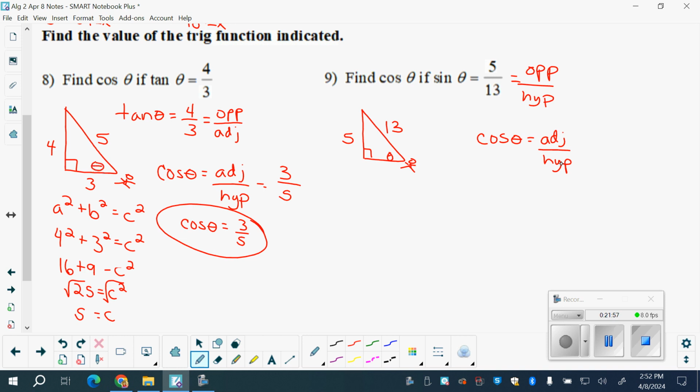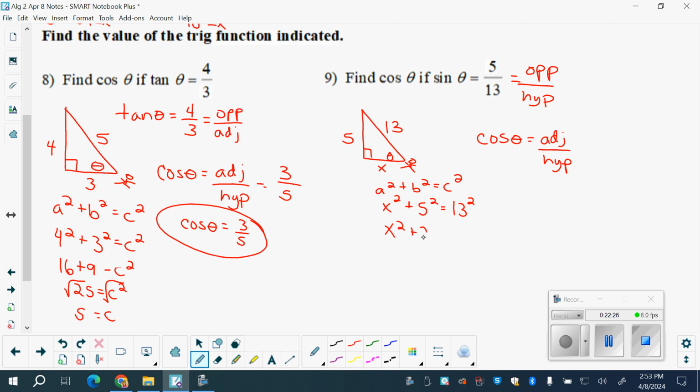We don't. We need to find it. That's what's missing here. So we can make that our a squared, or let's make it an x. x squared plus 5 squared is 13 squared. Does that make sense how I set that up? Okay, and then just simplify.